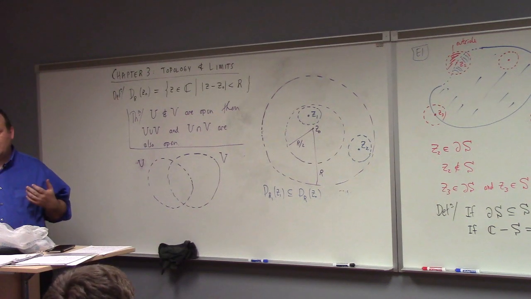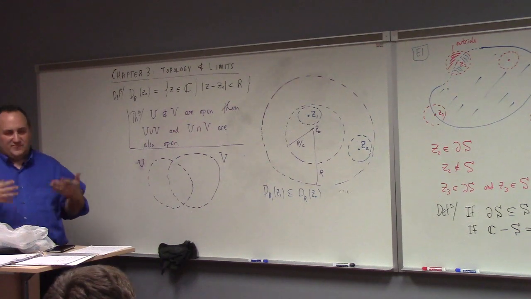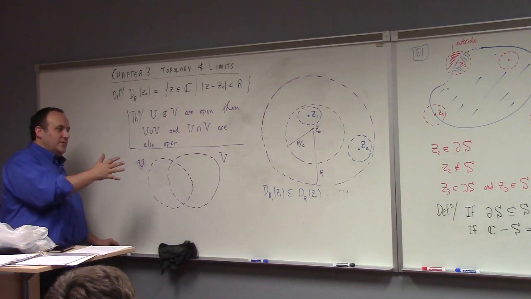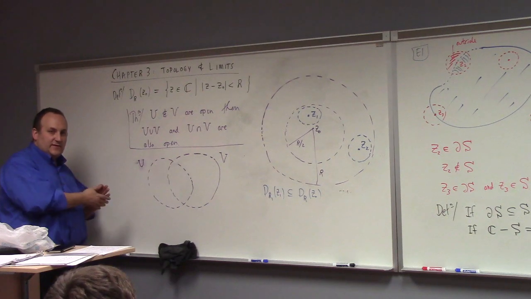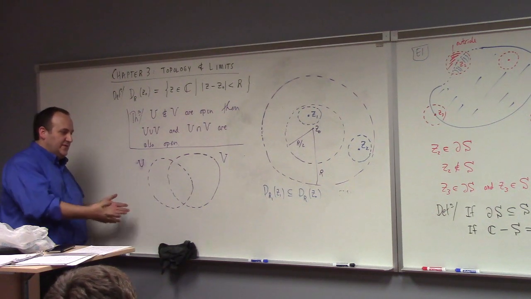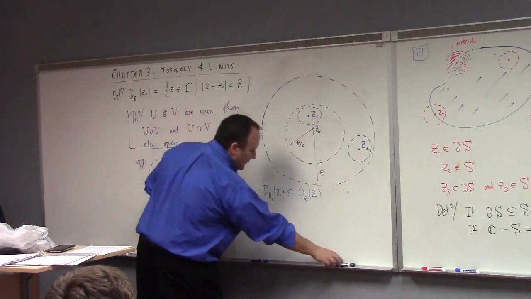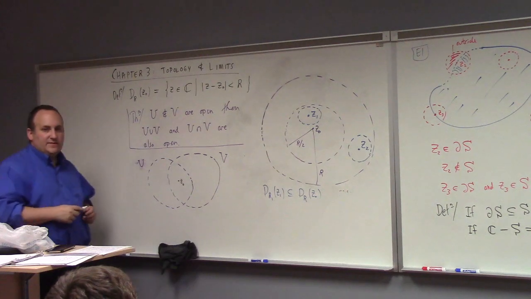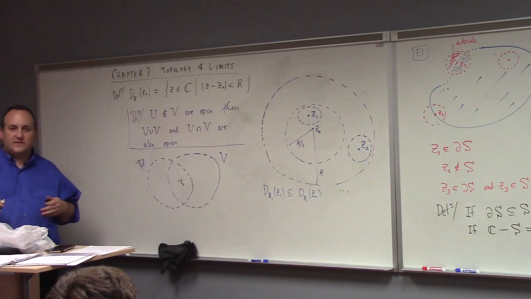It's kind of tautologically true because there's no point. It's trivially true, the empty set is by definition open. So let's suppose there is a point of intersection, say Z naught. What does that mean? That means that Z naught is an interior point to both of them, right?